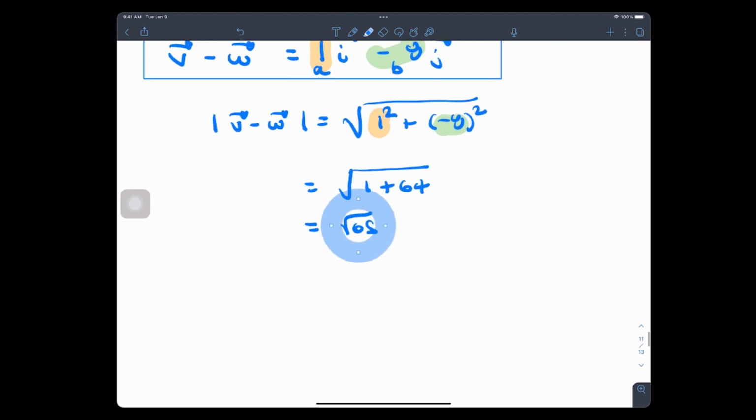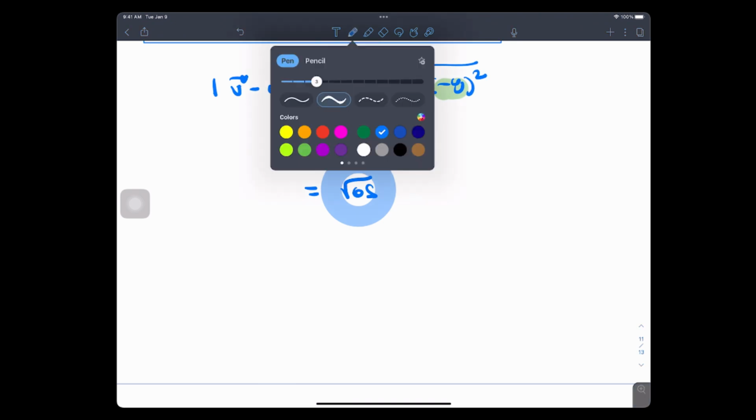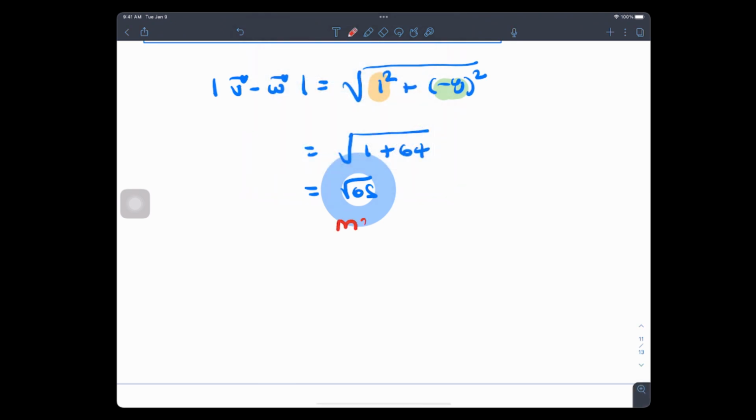So what did you guys just find here? What is this? That's the what? Magnitude. What does magnitude mean? Length.